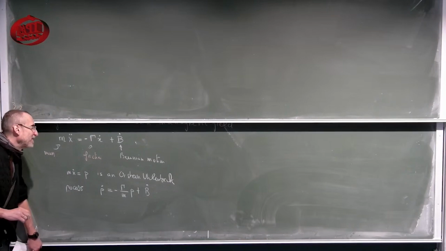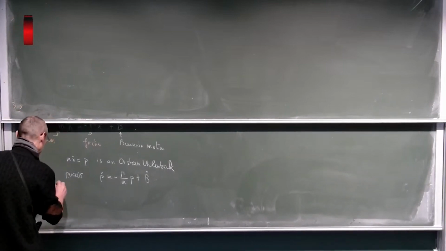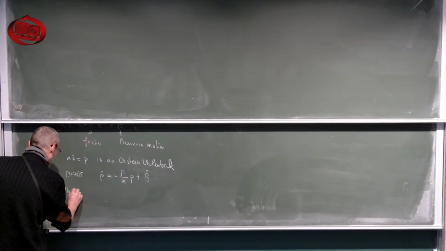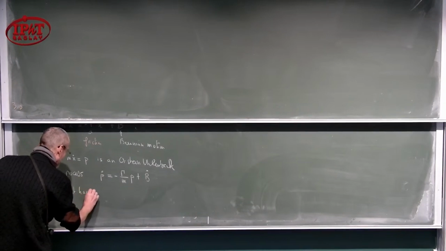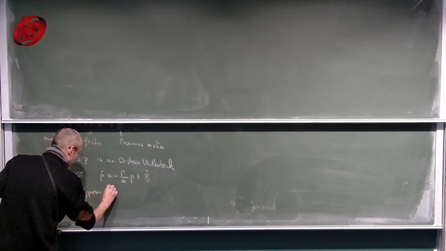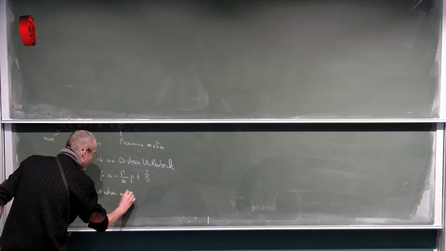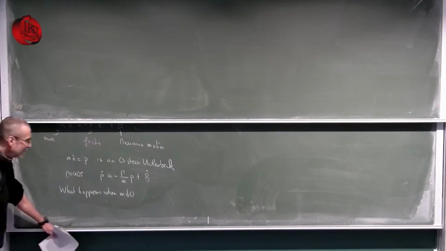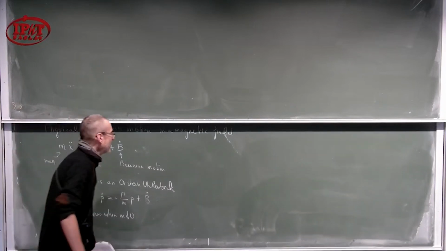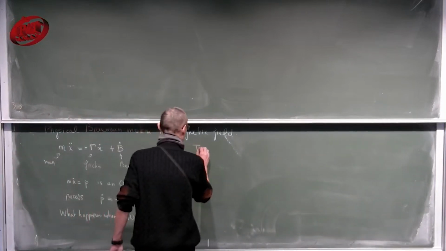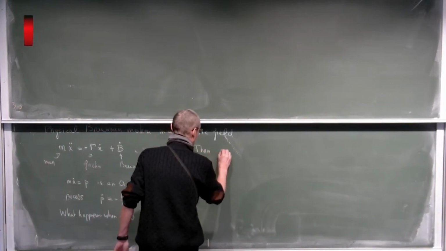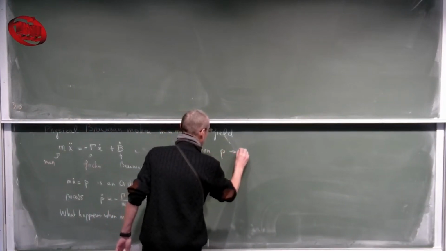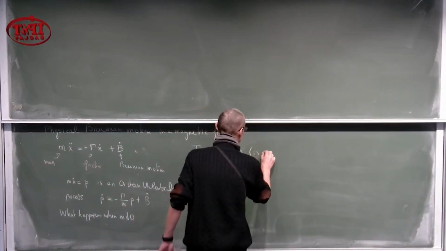And you can wonder what happens when m goes down to 0. So there is an important friction. The friction is fixed, and you let the mass be very small. And then something interesting happens. P goes to 0 in a certain sense.